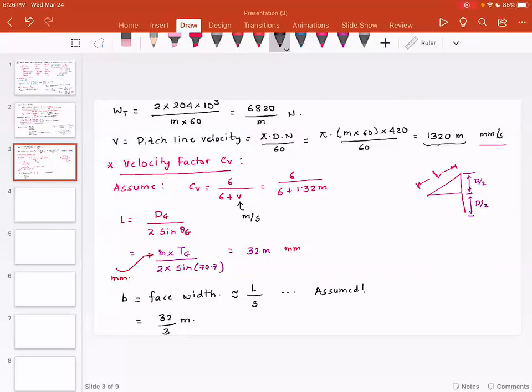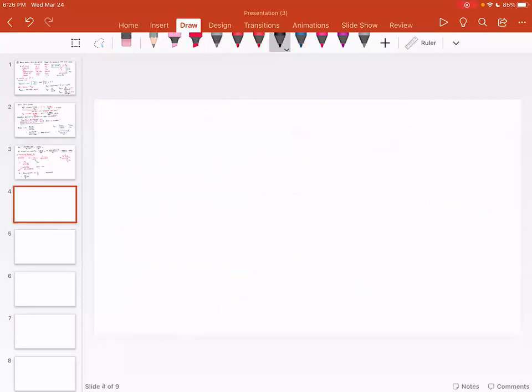Now we have all the parameters that we need to substitute in the tangential load equation. So let's do that.